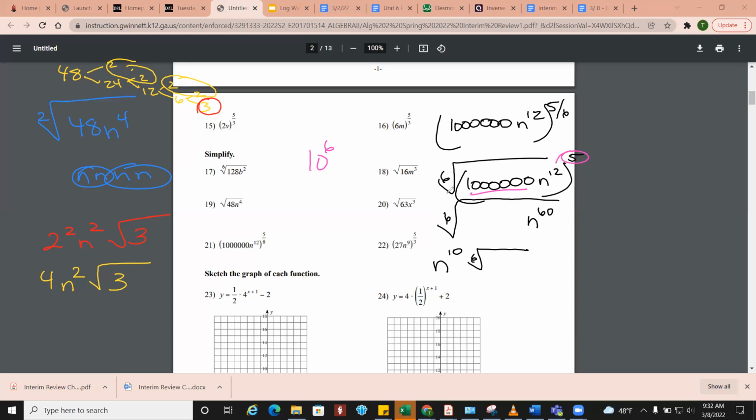So let's rewrite 1 million as 10 to the 6th, and we're going to raise that to the 5th power. 6 times 5 is going to give me 30. Take 30 divided by 6. What is that going to give you? 5. So this is going to be 10 to the 5th power, with nothing left over on the inside.